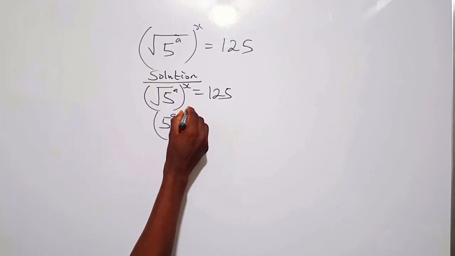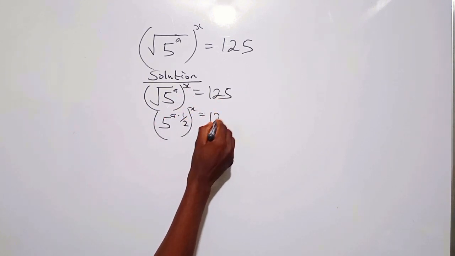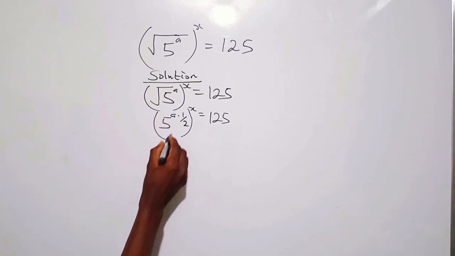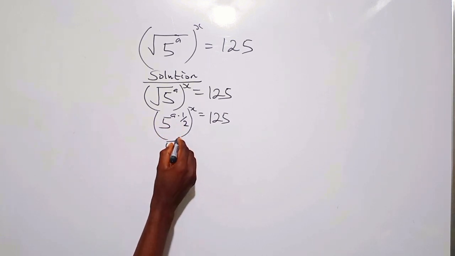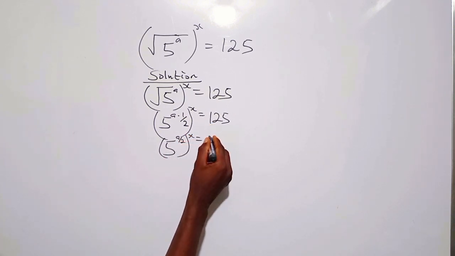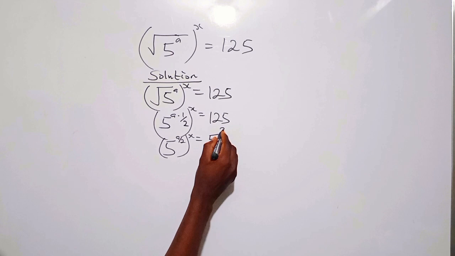Everything raised to the power x equals 125. Within here we have 5. When we multiply this with this, we have a over 2. Everything raised to the power x equals, for 125, you can write this as 5 raised to the power 3.